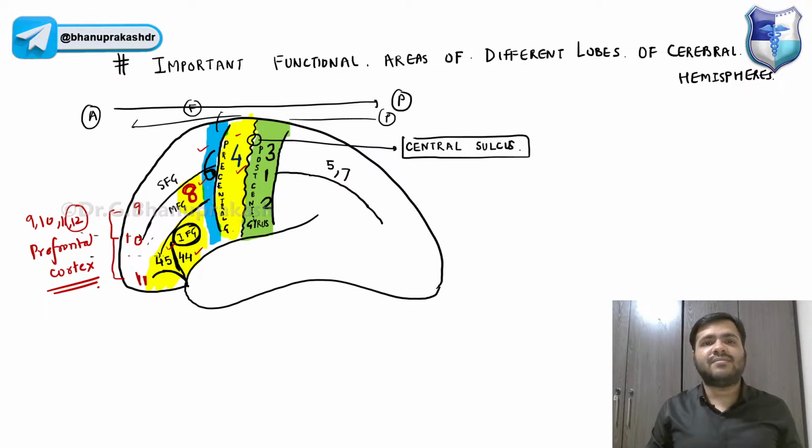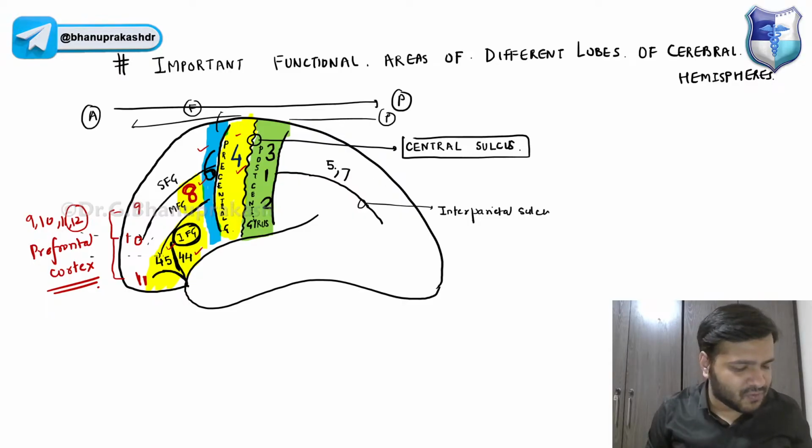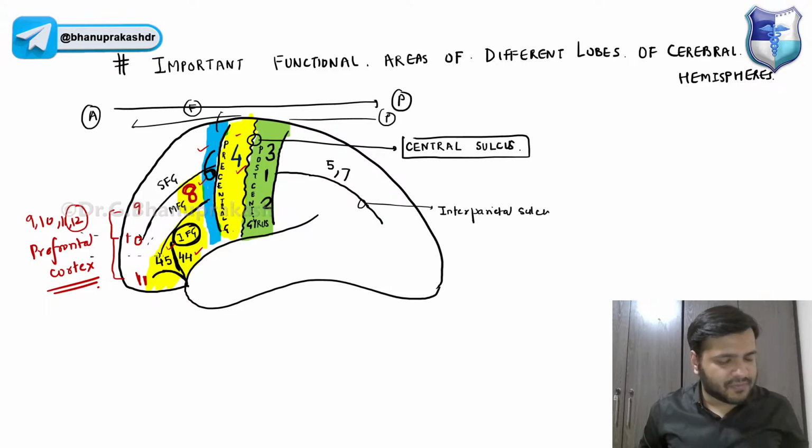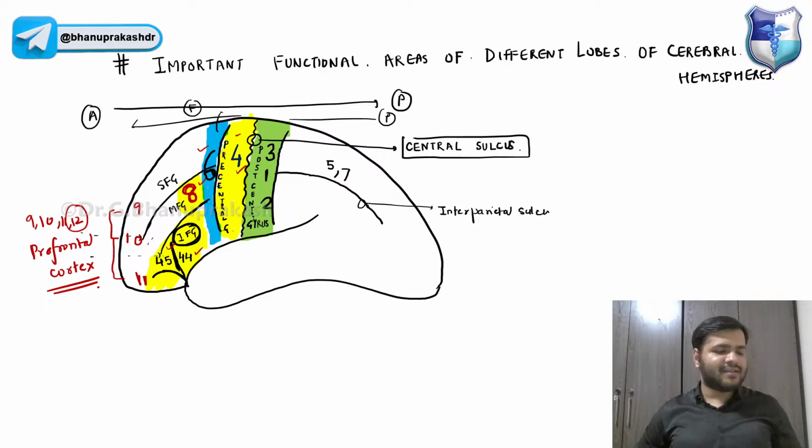If this is the interparietal sulcus, you are going to tell me in which lobule areas 5 and 7 are located. Just give me the answer in the chat box.